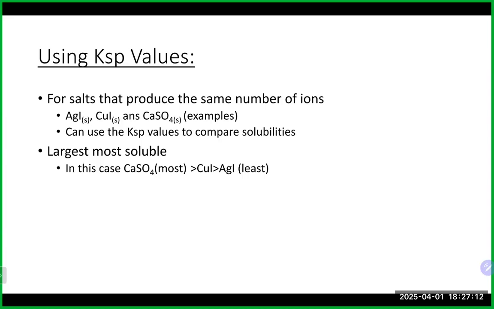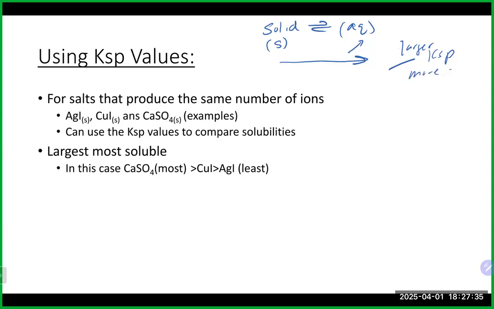Remember that if we have our reaction like it is normally written, which is basically solid to the left, soluble ions over here, when we look at Ksp values, the larger the Ksp value, that would mean we would actually have more products and it would be more soluble than something with a smaller Ksp value. A smaller Ksp value is the same thing as a small K value. We would mainly have reactants, which means it would be less soluble.